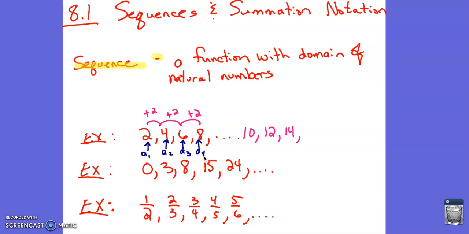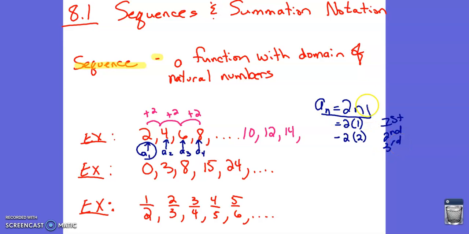Now, how can I write this? If I'm thinking of the first term and it's 2, what I have here is a sequence that is literally 2n. Think of the first term: you plug 1 in, and that's where I get 2. Then for my second term, I plug 2 in, and that's where I got 4, and then my third term.